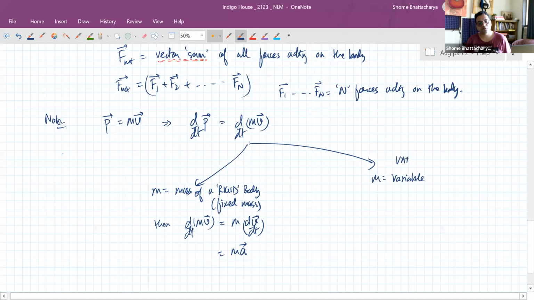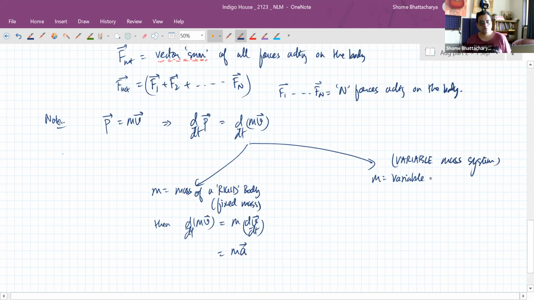But on the other hand, we can also have a system where m is variable. So this is called a variable mass system. Initially, it might seem odd to us, how can mass vary? But remember that Newton's laws, we are not limiting ourselves just to applying it to an object or a rigid body. We can apply it to a system also, like a conveyor belt or a tanker or a rocket or something like that.